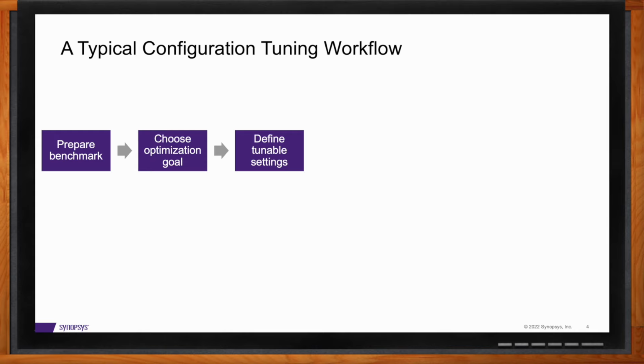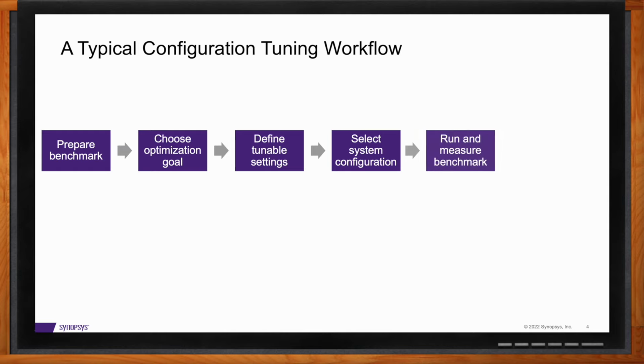And then after that, you start with the first configuration, run it through your benchmark, and then measure that target metric that you're trying to optimize against. And then after looking at the output, you're going to decide to tweak some of the tunables, change some of the knobs for some of the parameters, and then you're going to have a new configuration. Then you run it through the system, and you can see that there's a loop that you're going through.